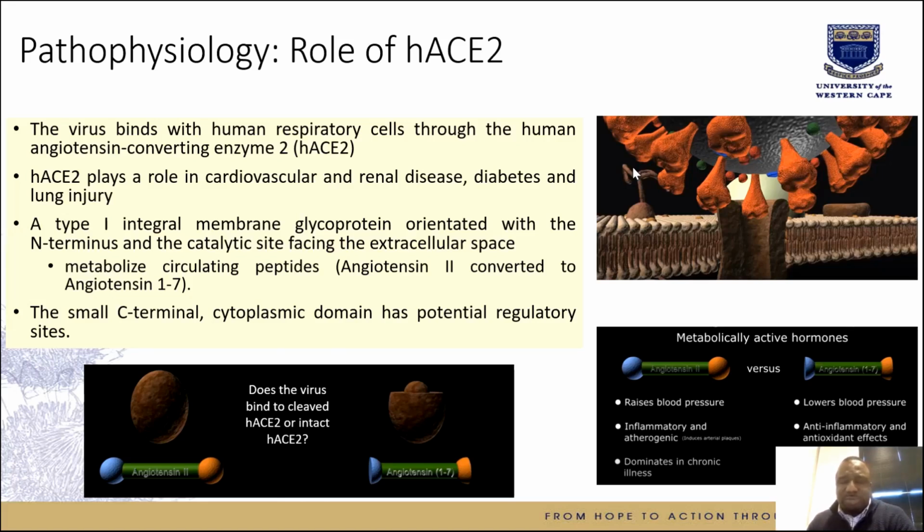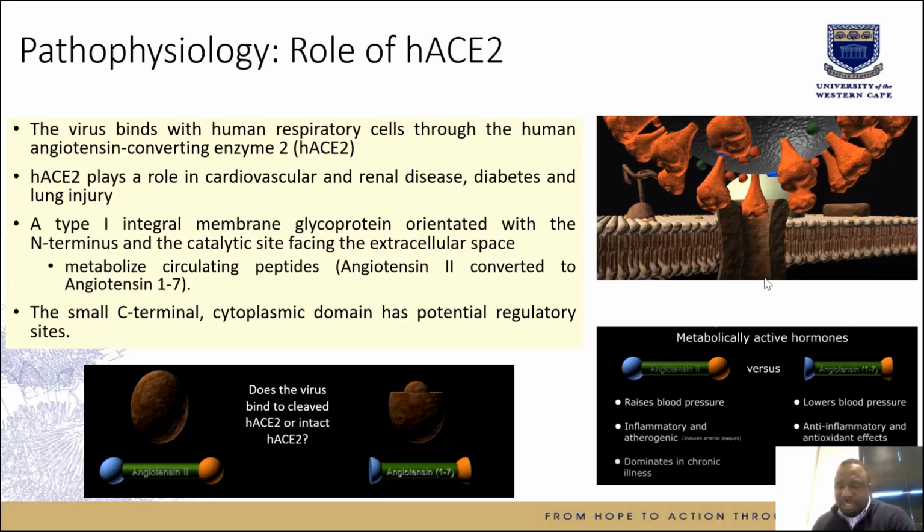But majorly, just to mention that it's a transmembrane protein with the N-terminus catalytic site on the extracellular portion and the C-terminus within the cytoplasmic domain, which has some regulatory sites that control the level of expression of this particular enzyme on the membrane.